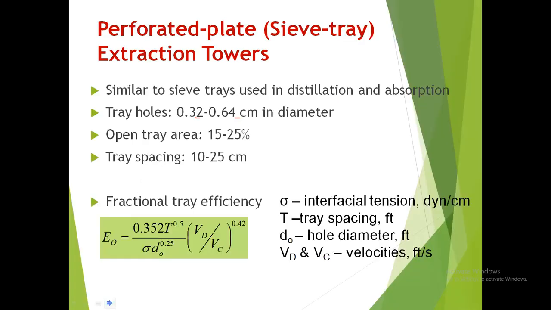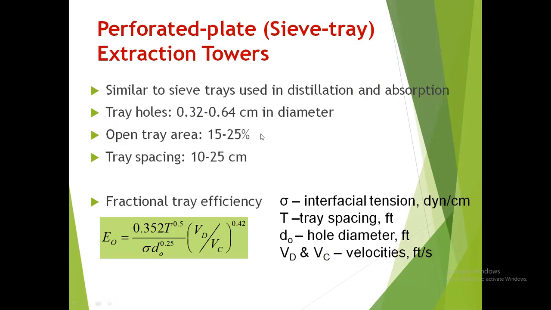Now we go to perforated plate, or we refer to that as the sieve tray extraction tower, since we're talking about the different equipment used in extraction. These perforated plate extraction towers are similar to sieve trays, the same thing being used in distillation and absorption.